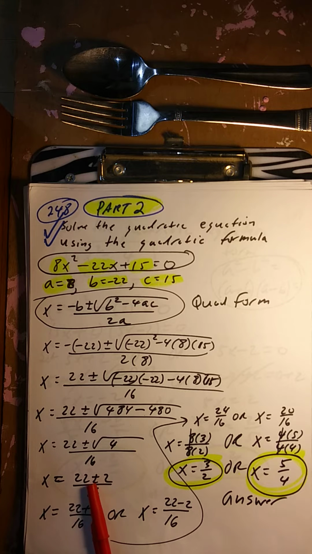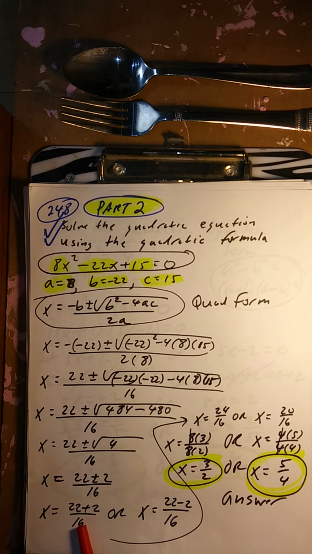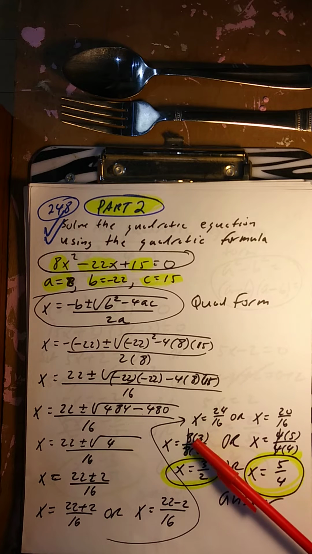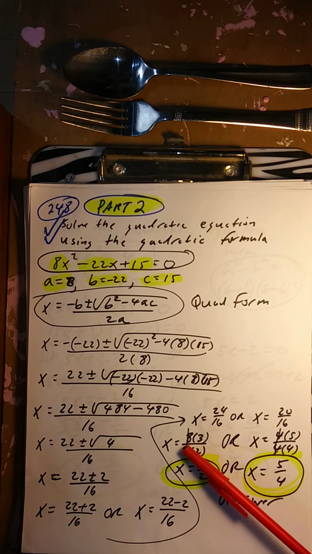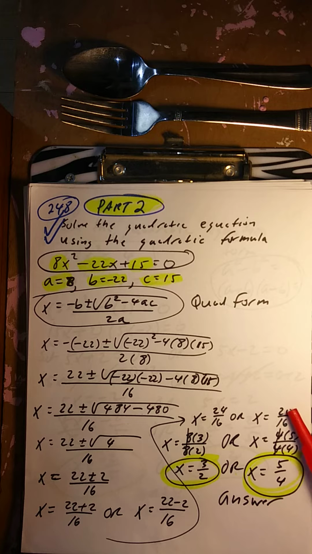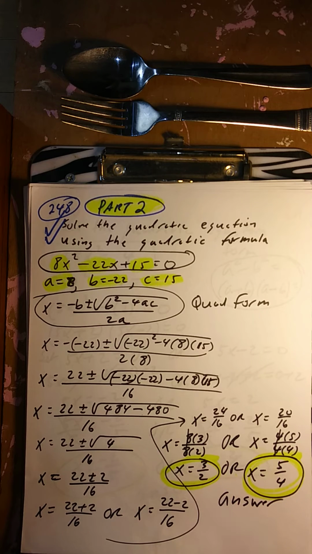So now we have 22 plus or minus 2 over 16. So 22 plus 2 over that, 22 minus 2 over that. It's going to give me 24 over 16, which is 8 times 3, 8 times 2. Cancel these out. So 3 over 2. This one, 20 over 16 is 4 times 5, 4 times 4. 4's canceled out. What's left over? 5/4. So 3 halves, 5/4.